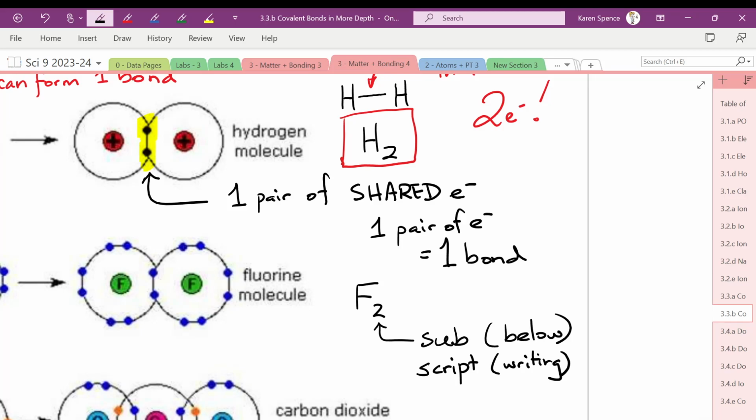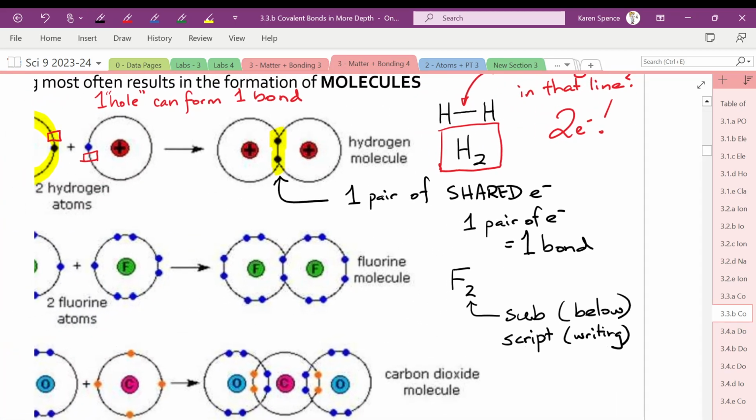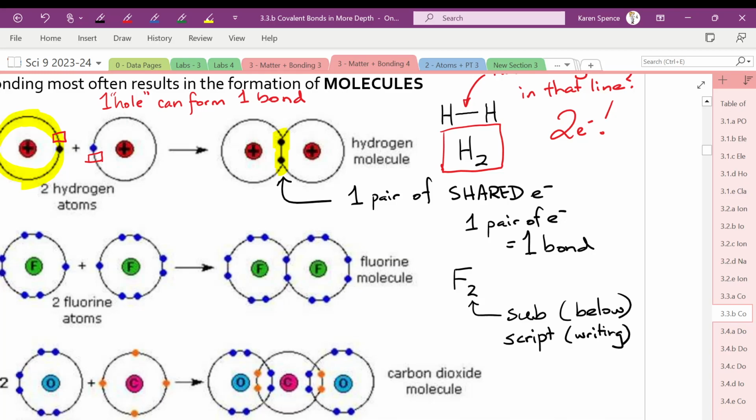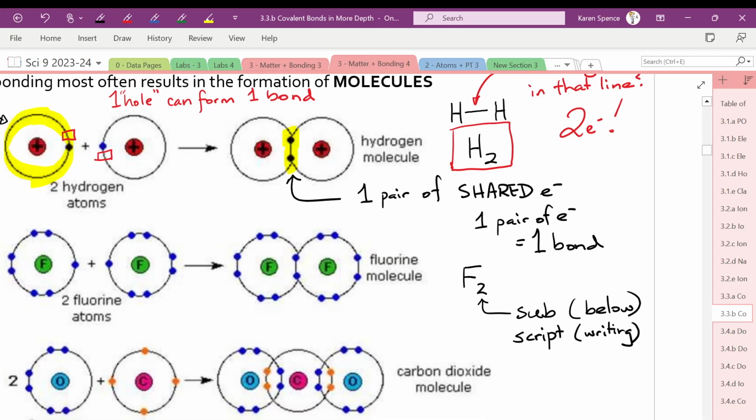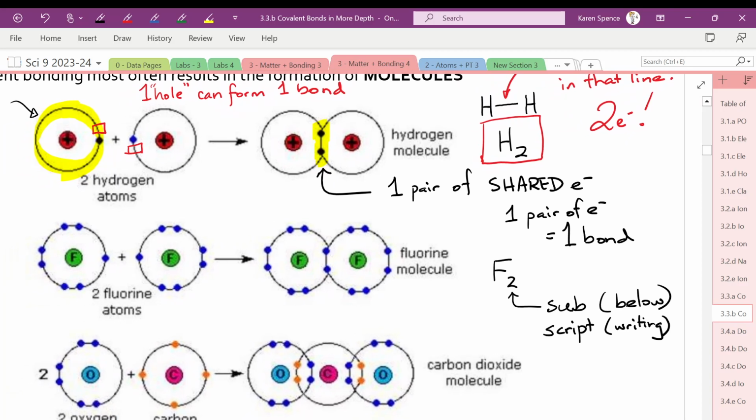All right, fluorine. Now, one thing I'd like you to notice about fluorine is that normally, when we draw a Bohr model of fluorine, how many shells would we draw? We would normally draw 2 shells.